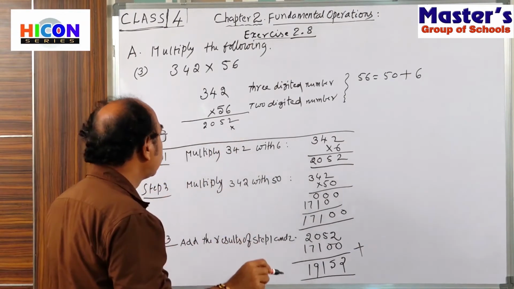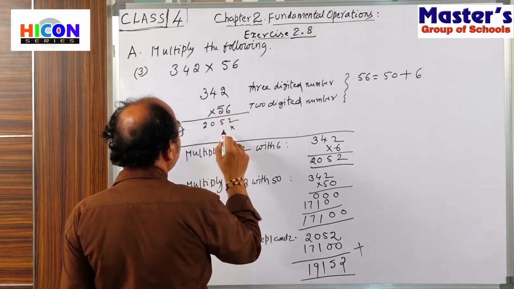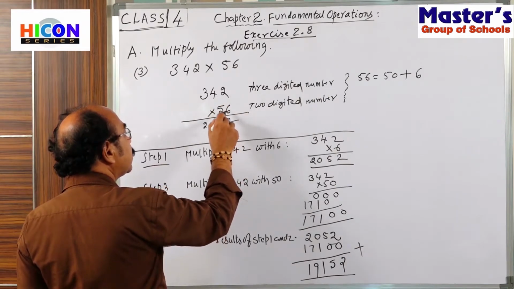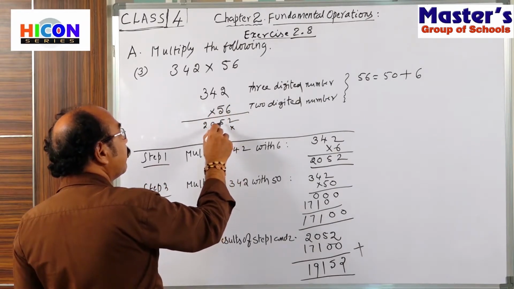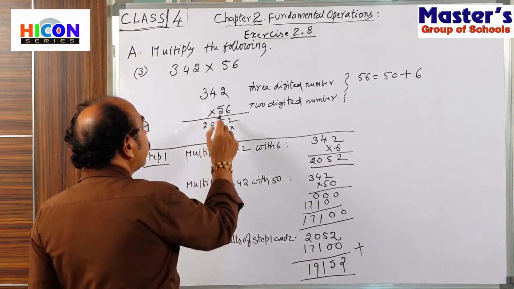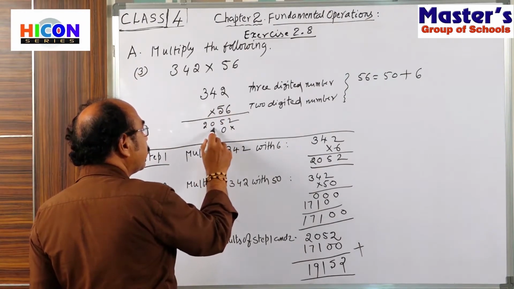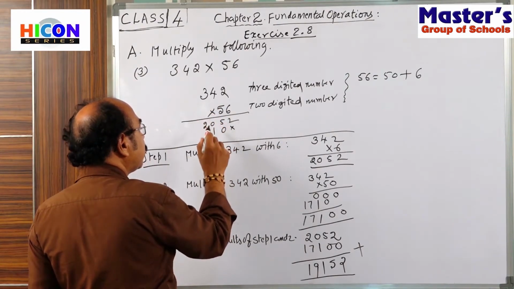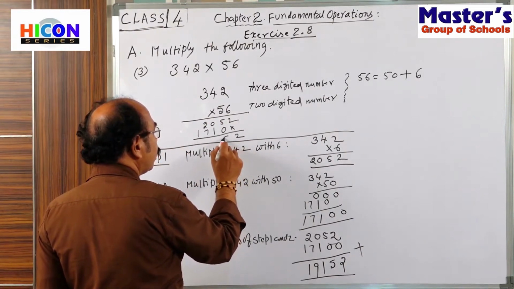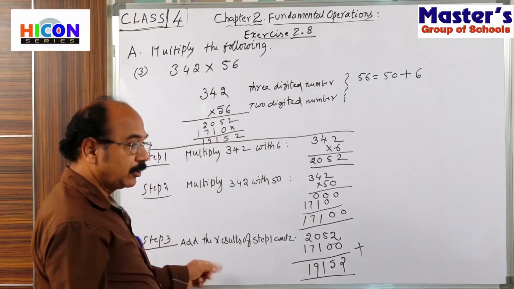First is 6. 6 2s are 12, 2, 1. 6 4s are 24 plus 1, 25. 6 3s are 18 plus 2, 20. Now with 5 multiply. 5 2s are 10, 0, 1. 5 4s are 20 plus 1, 21. 1, 2. 5 3s are 15 plus 2, 17. So 19152.